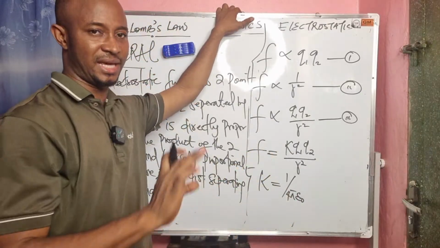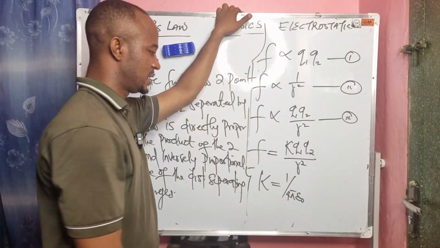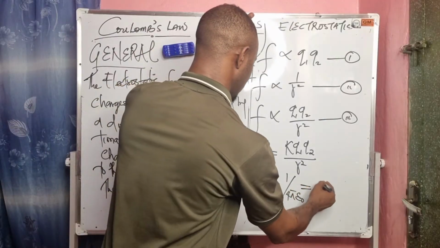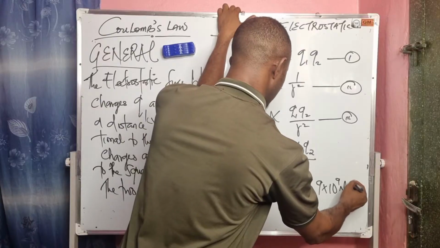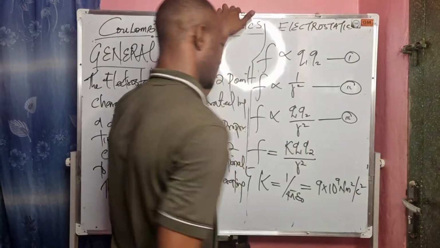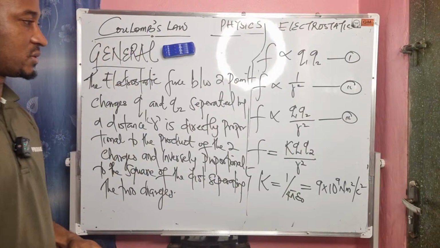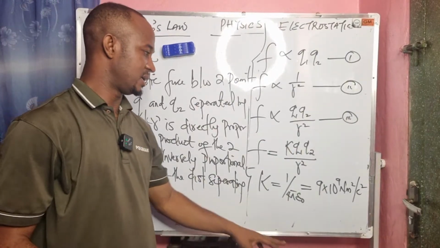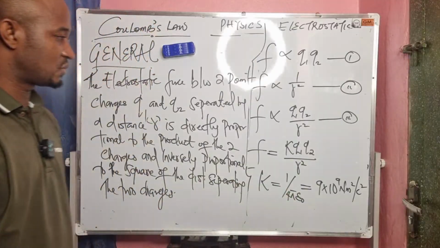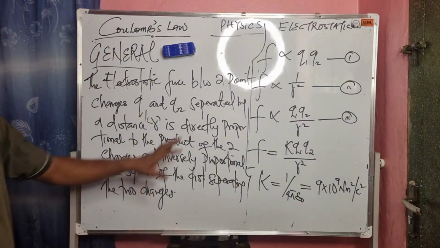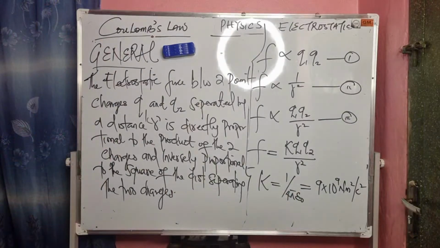We are considering air as a free space, all right? And this K here equals 9 times 10 to the power of 9 Newton meter squared per Coulomb squared. So this is the general Coulomb's law.